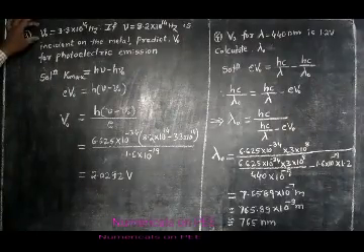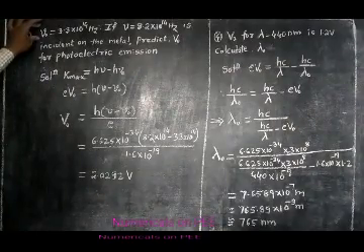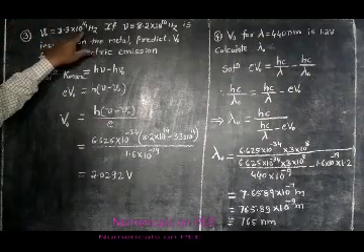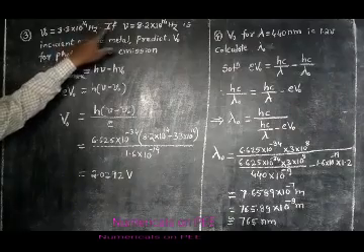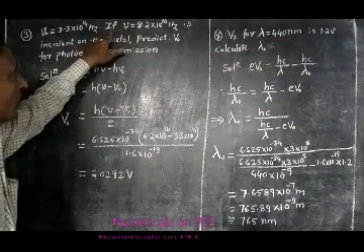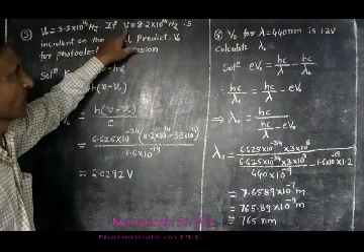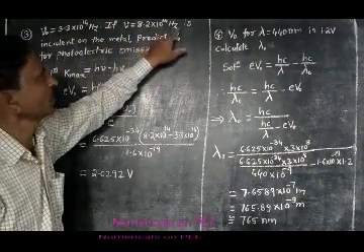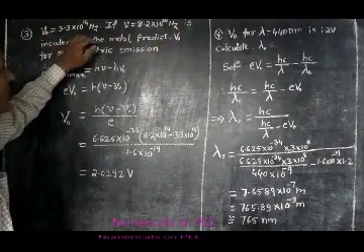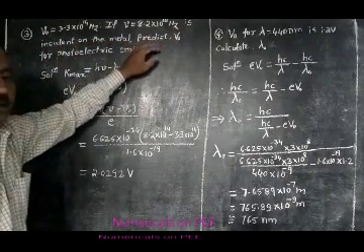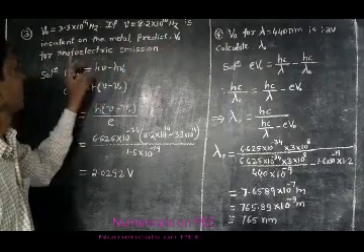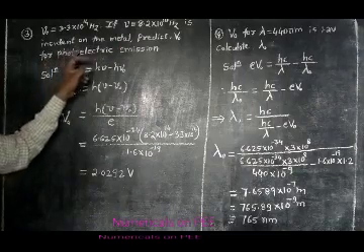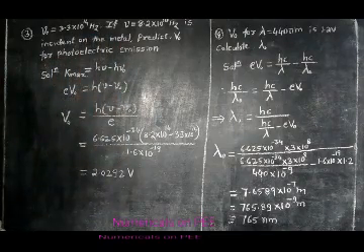The threshold frequency of a certain metal is 3.3 into 10 to the power 14 hertz. If a radiation of frequency 8.2 into 10 to the power 14 hertz is incident on the metal, predict stopping potential or cutoff potential for photoelectric emission.